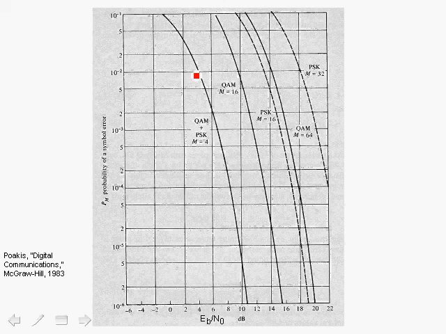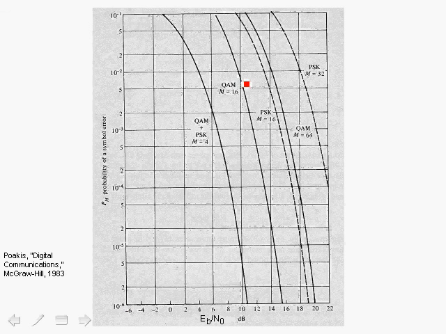Now here we show the probability of error versus EB over N0 for different modulation schemes. This curve here, we're showing the result for 4-level QAM, which is just QPSK. So 4-point QAM is the same as QPSK, quadrature phase shift keying, and in this case we obtained the curve shown over here. And notice that again at EB over N0 equal to 10.5 dB, we get an error rate of 10 to the minus 6.